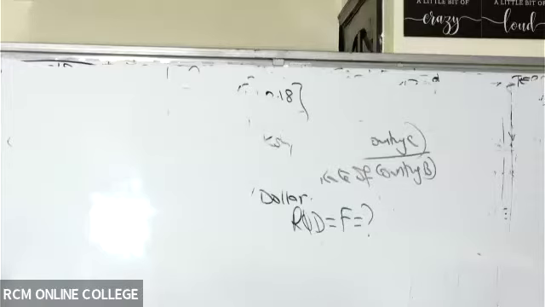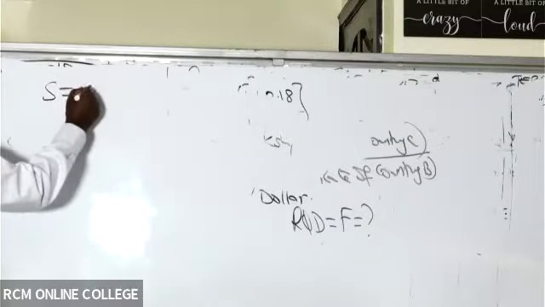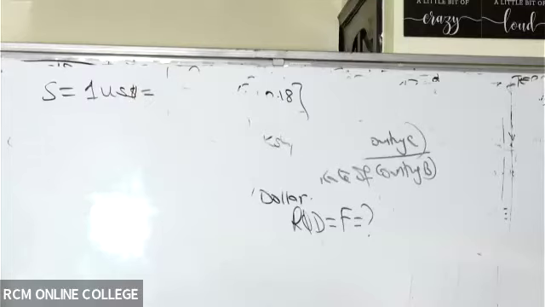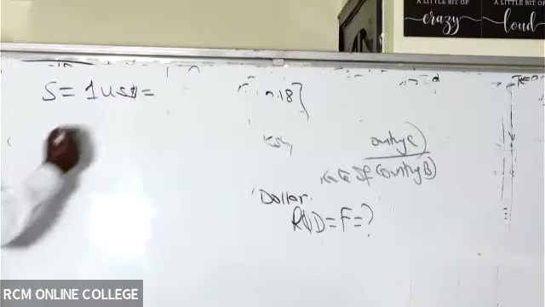Full stop. The spot rate is $1 US equals Kenya shillings 106.